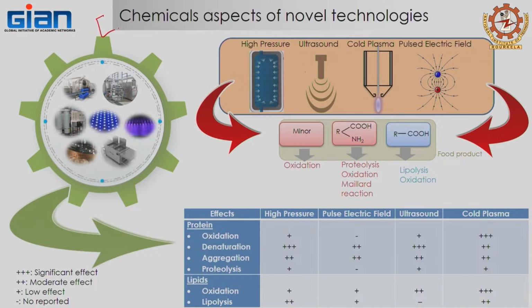Now, microbial inactivation, once you know what is inactivated, then you have to see how it is impacting your minor compounds or major compounds. Yeah. Again, similar mechanism. In most of the cases, these technologies have minimal impact on bioactives and nutrients.